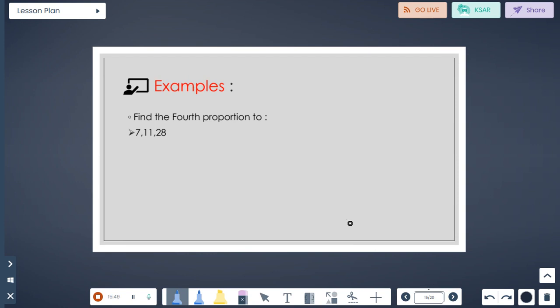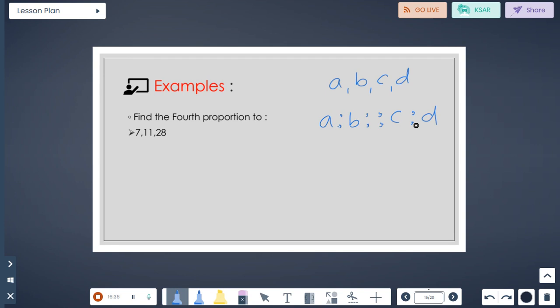We know that when 4 numbers are proportional, suppose A, B, C, D are proportional, then we can write this in the form A is to B is proportional to C is to D. Here we have to find the fourth proportional to 7, 11 and 28.